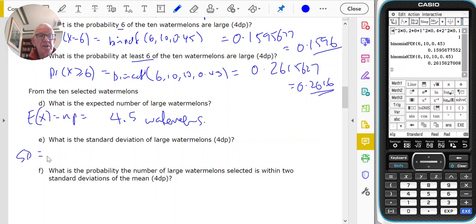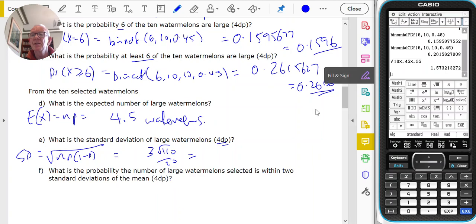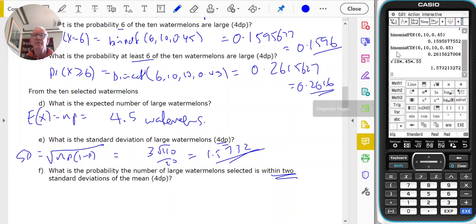The standard deviation is the square root of N times P times 1 minus P. Jump on the calculator for that one. 10 by 0.45 by 0.55 gives me that answer, which is 3 square root of 110 on 20, 4 decimal places. So if it says 4 decimal places, that's what I've got to do, 1.5732.